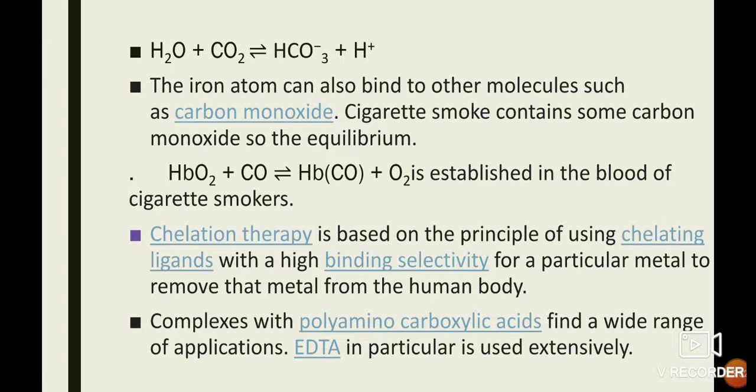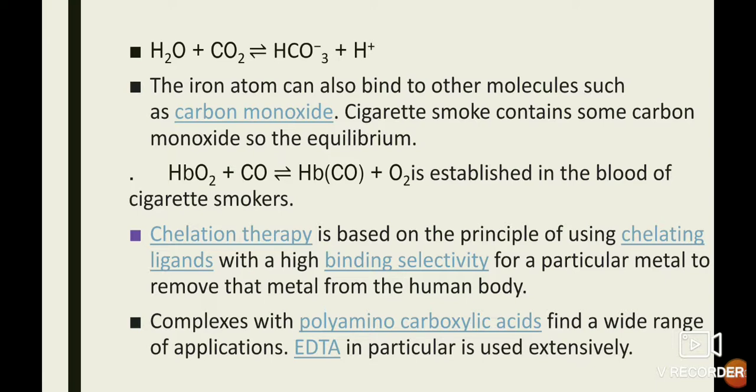The iron atom can also bind to other molecules such as carbon monoxide. Cigarette smoke contains some carbon monoxide, so this equilibrium is present in the lungs: oxyhemoglobin plus carbon monoxide gives carbon monoxide hemoglobin complex plus O2, and it is established in the blood of cigarette smokers.